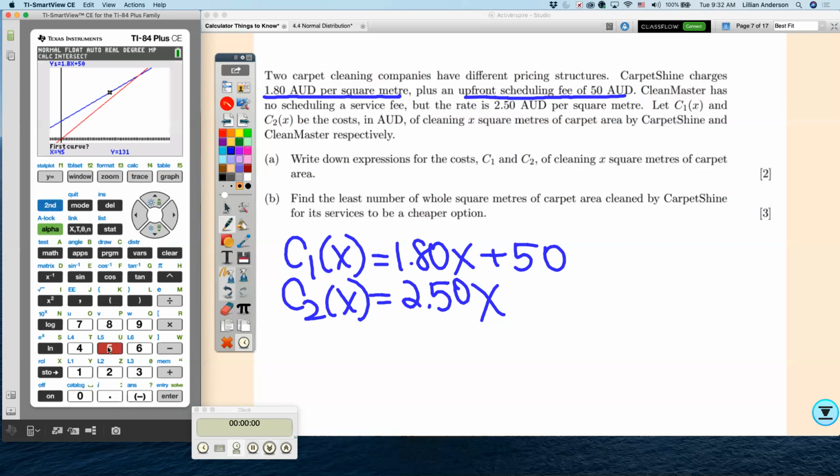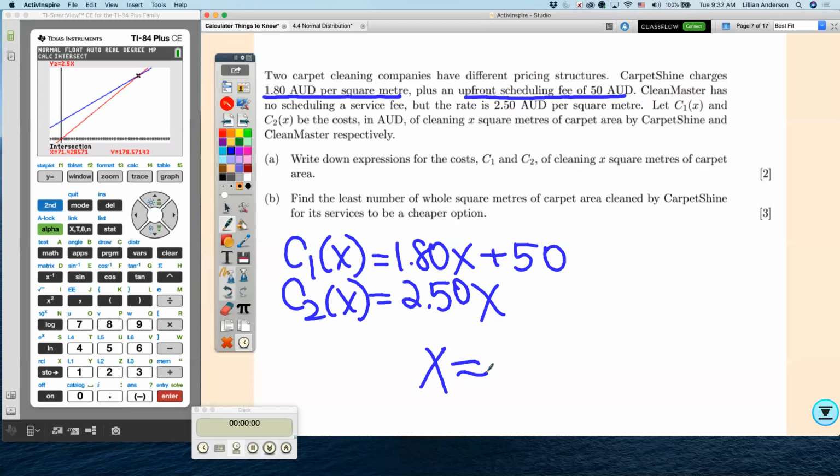Second trace, option 5. So 71.4 is X. So what's the least number of whole square meters? 72. It would be 72.